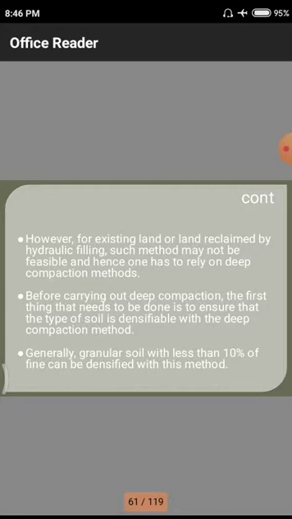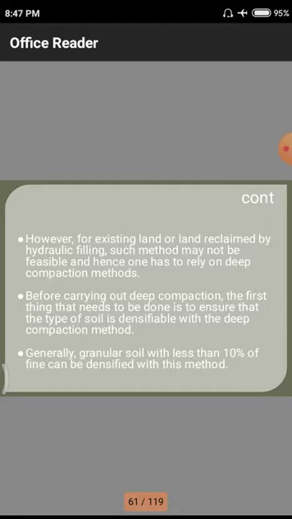Next, however, for existing land, the land is reclaimed by hydraulic filling. Such a method may not be feasible, and hence one has to rely on deep compaction methods. That means in some cases we need to do hydraulic filling. Whatever voids are present in the soil, we fill with these hydraulic methods.